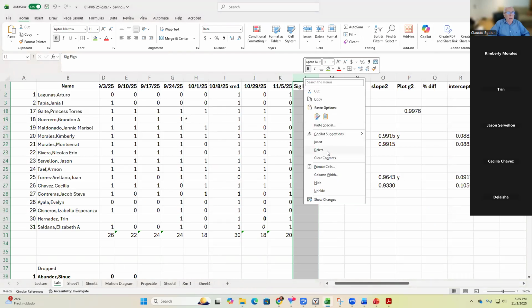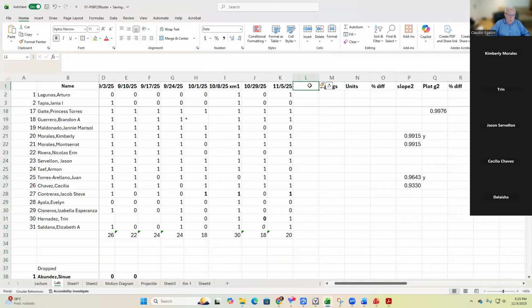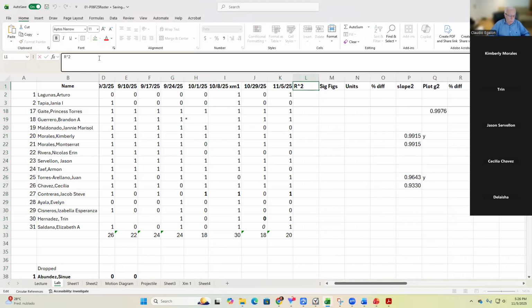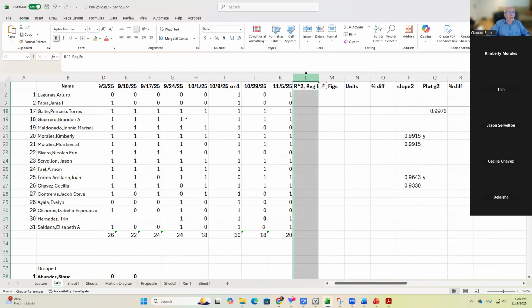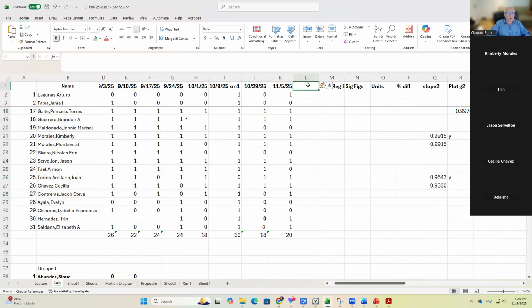Insert, where is insert? Okay. R square and regression equation. And the last one and the most difficult one is the CL, right?